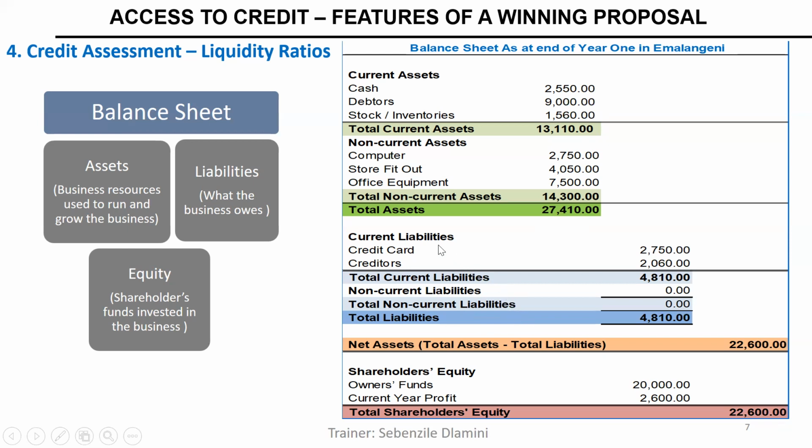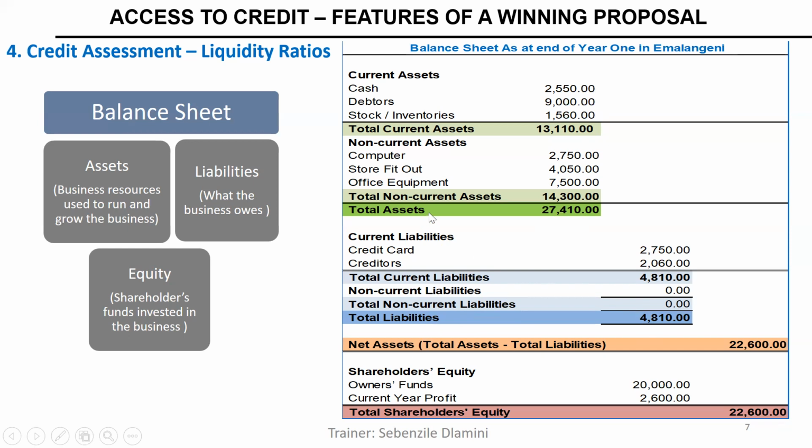You have current liabilities, those are short-term debts, and non-current liabilities. For this business, the short-term debts are the credit card and creditors. So the total is 4,810 emalangeni. There are no long-term debts. The total liabilities are 4,810 emalangeni.